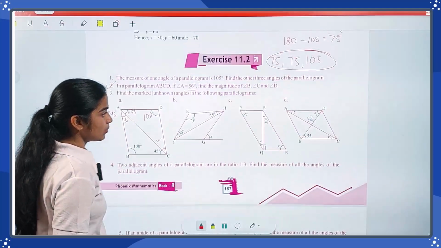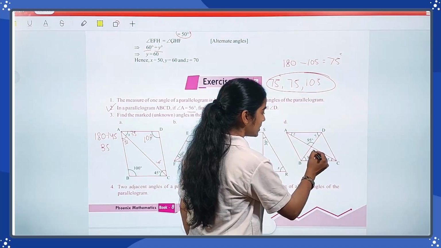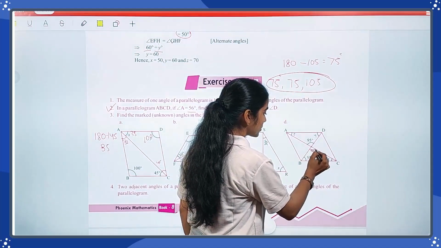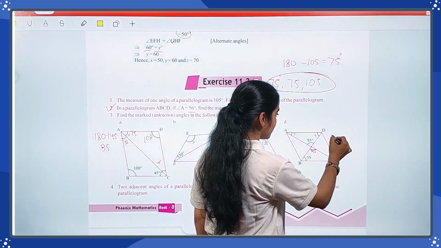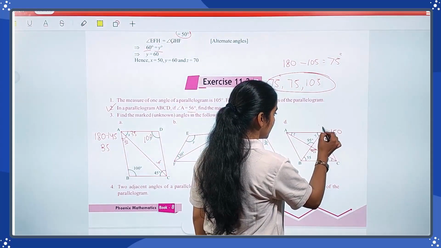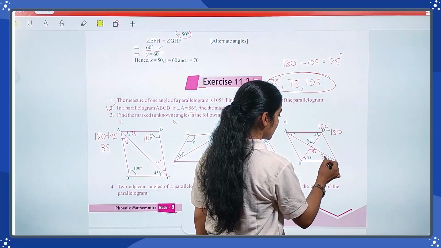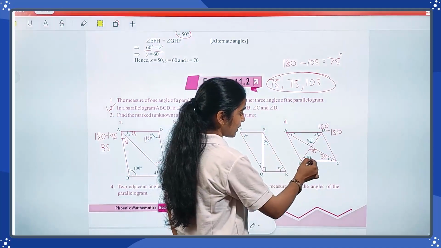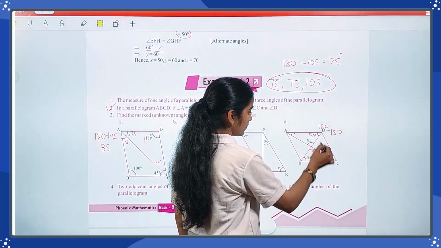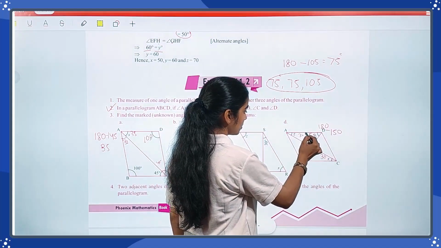Okay. Now if this is 95, it means this is also 95, vertically opposite angles. 95 plus 55 is 150, 180 minus 150 is equal to 30. Same 30, if this is 55, this is also 55, this is 30, this is also 30.